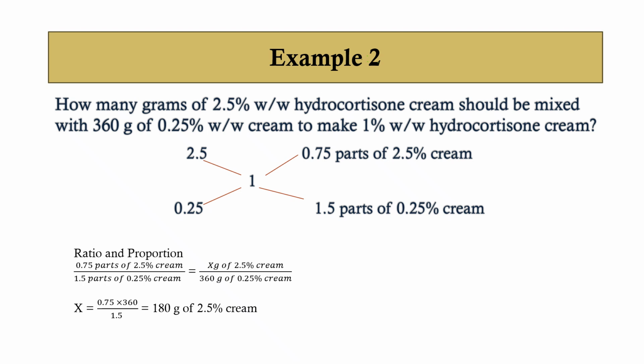So X then equals 0.75 times 360 divided by 1.5, and that's 180 grams of the 2.5% cream.